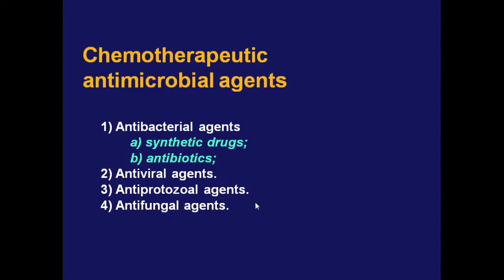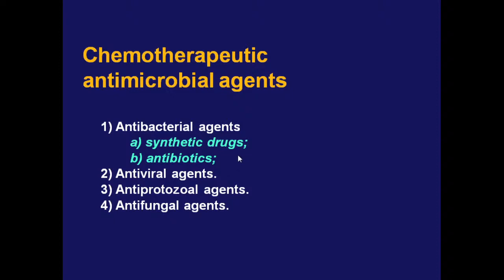And we distinguish corresponding groups of drugs: antibacterial agents, antiviral agents, antiprotozoal agents, and antifungal agents, effective against these classes of microorganisms. Antibiotics belong to antibacterials. The first group, antibacterials, we see, includes synthetic drugs and antibiotics.